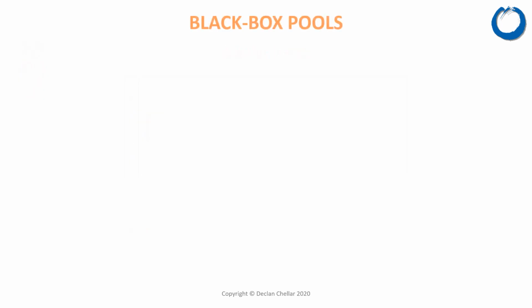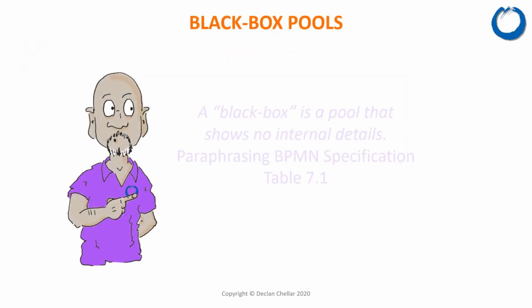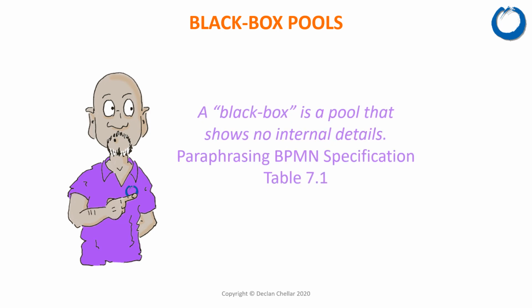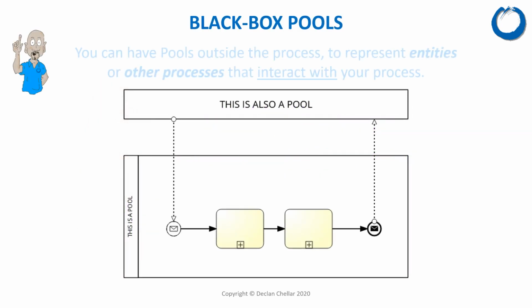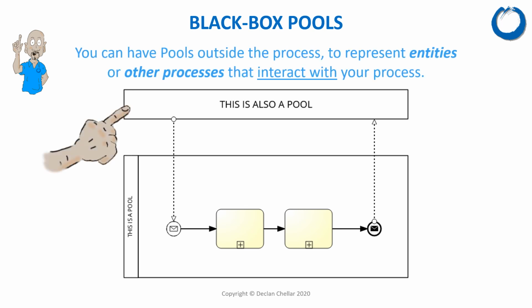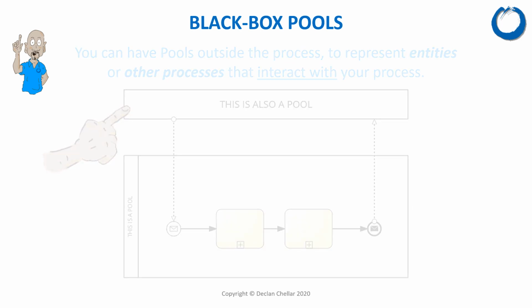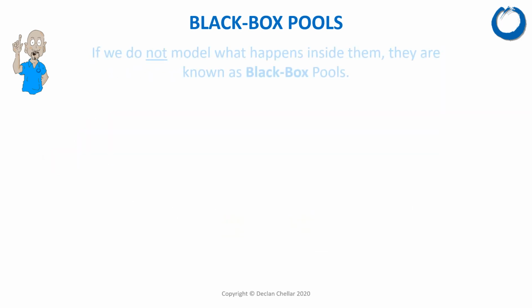Black box pools. To paraphrase the BPMN specification, a black box is a pool that shows no internal details. You can have pools outside the process to represent entities or other processes that interact with your process. If we do not model what happens inside them, they're known as black box pools.